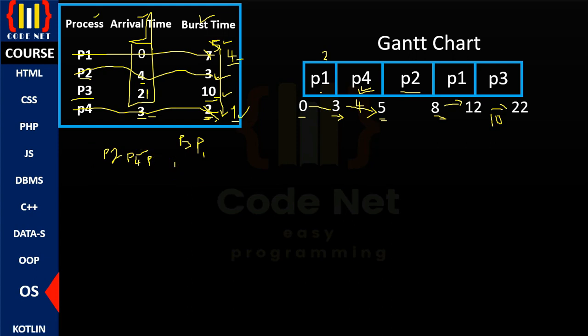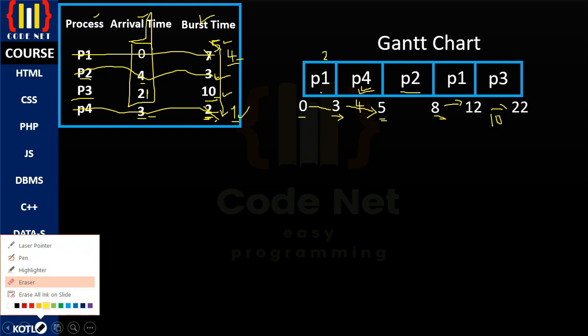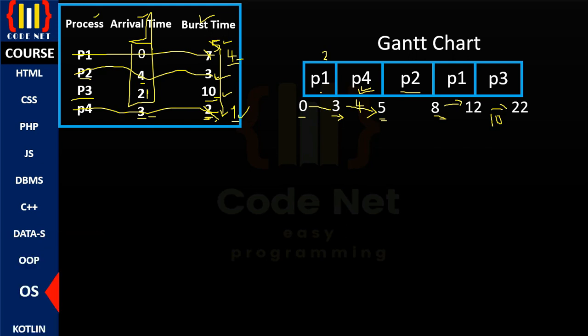So what we need to understand now is, to calculate the average waiting time, we need to find the waiting time for each and every process, and from those we will extract the average waiting time for all the processes. Because average means adding up the waiting time for each process and dividing by the total number of processes.